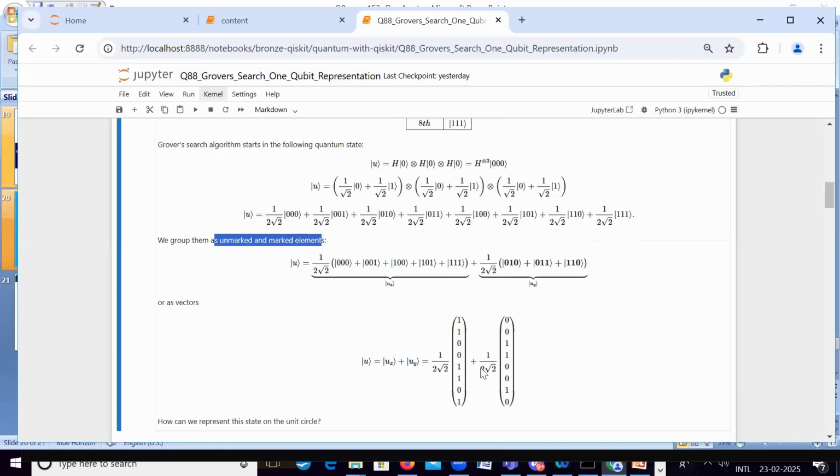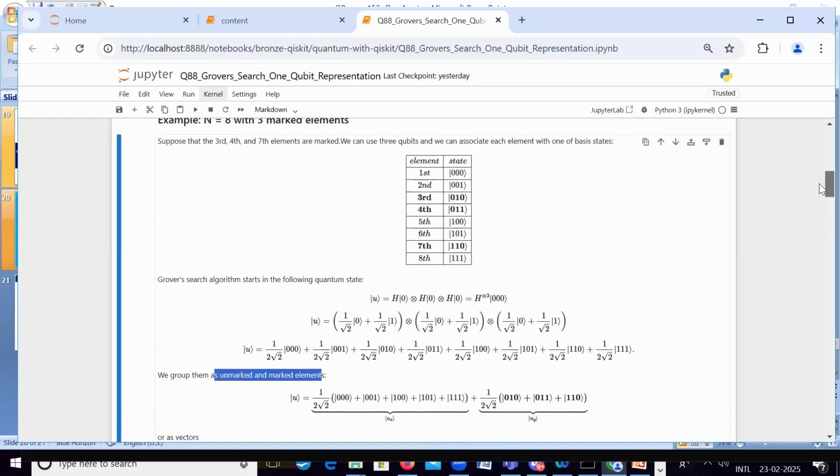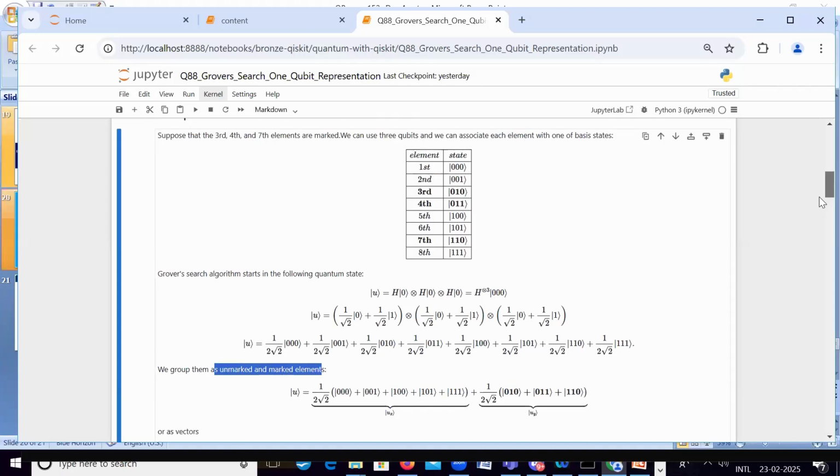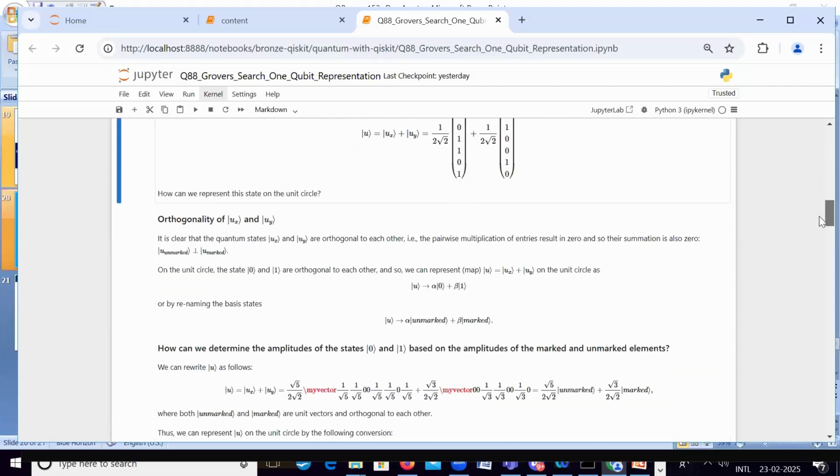Then finally, this is the representation of the 8 elements started here. In this one, we suppose the third, fourth, and seventh elements are marked.